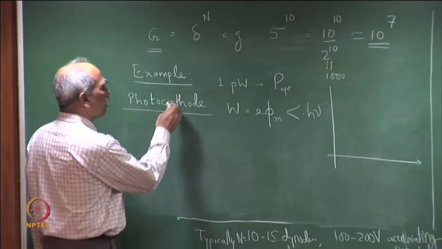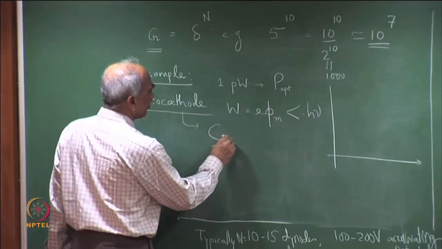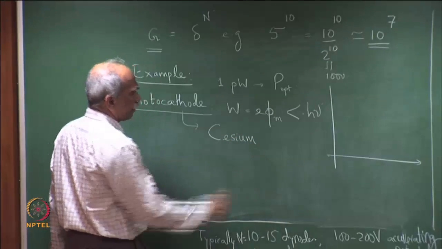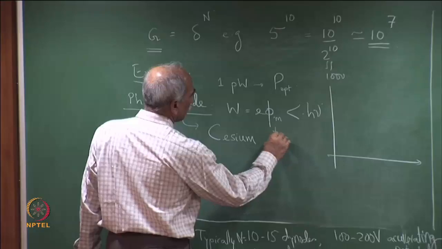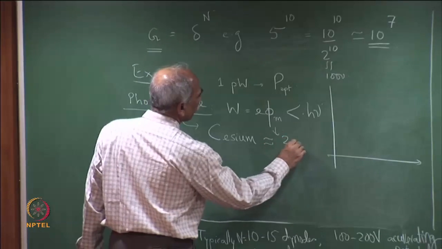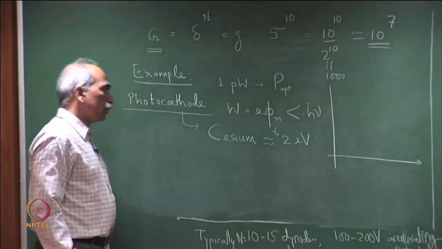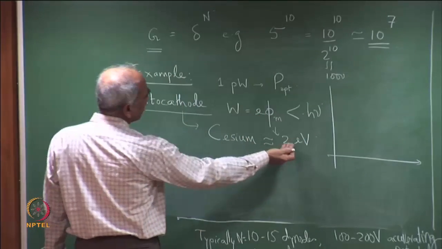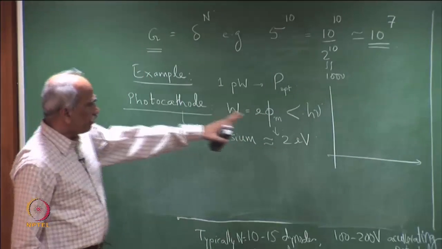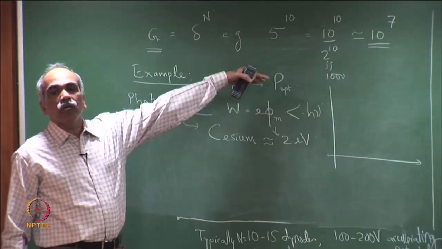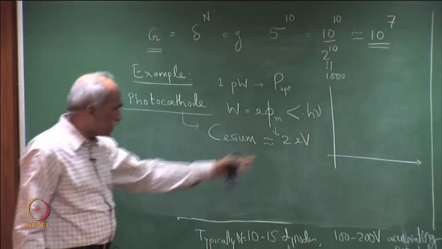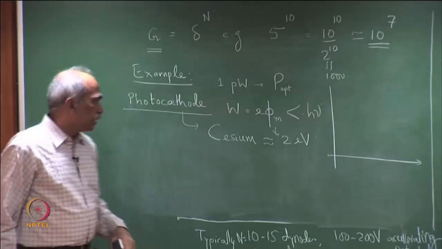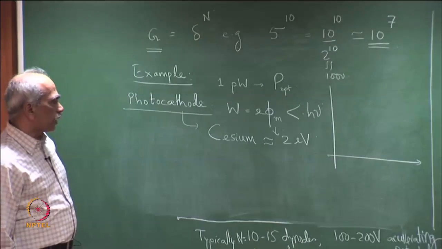Generally one uses cesium, which has a work function of approximately 2 eV, that means photons with energy 2 eV or more are able to create electrons, leading to the photoelectric effect.